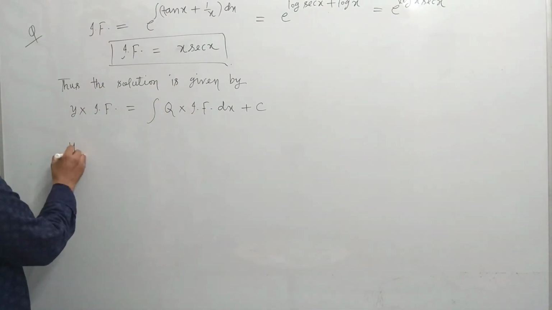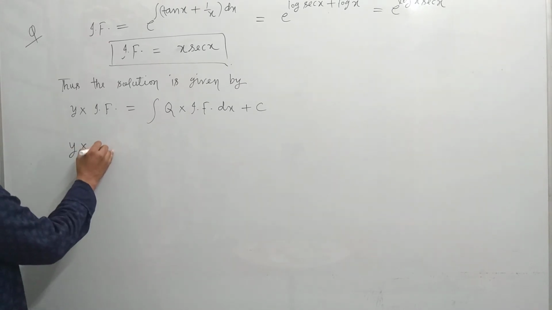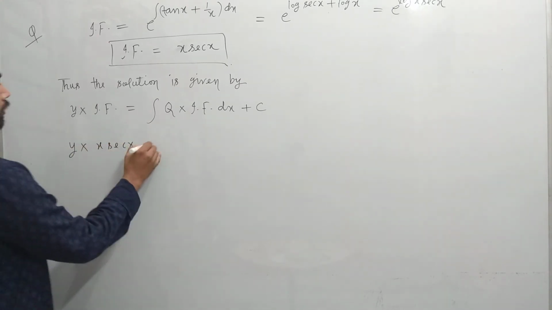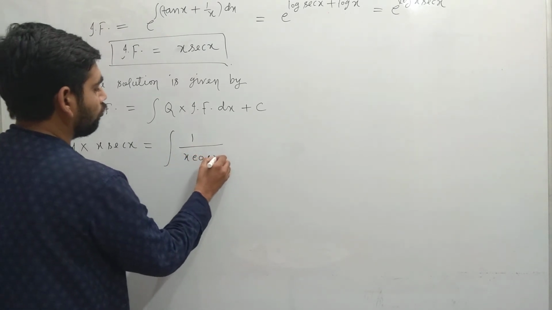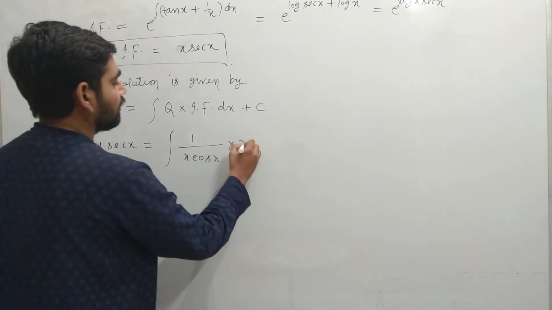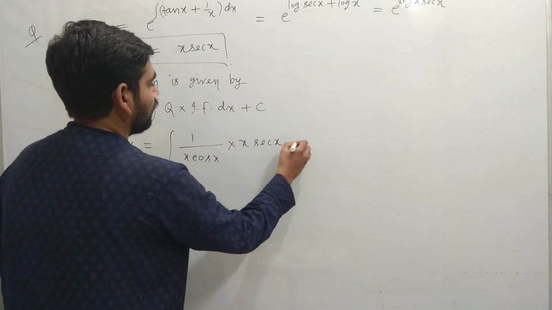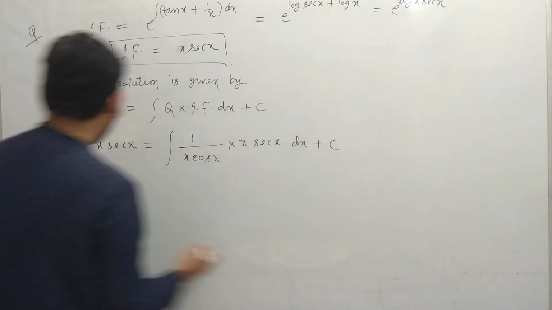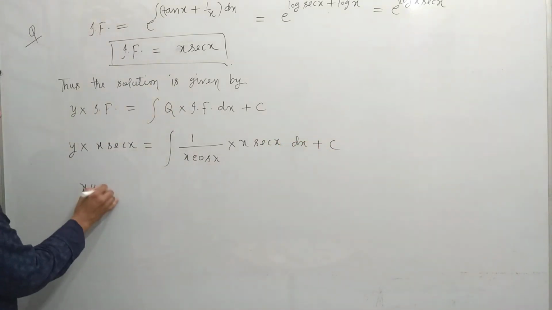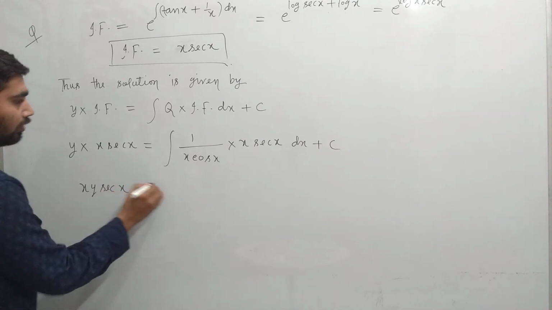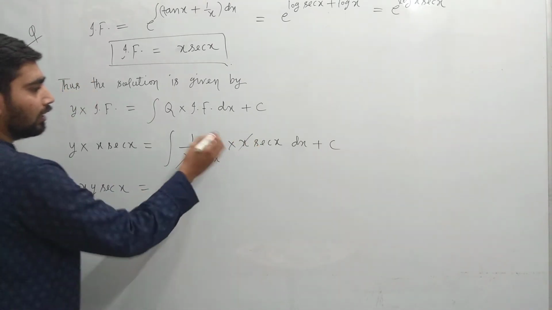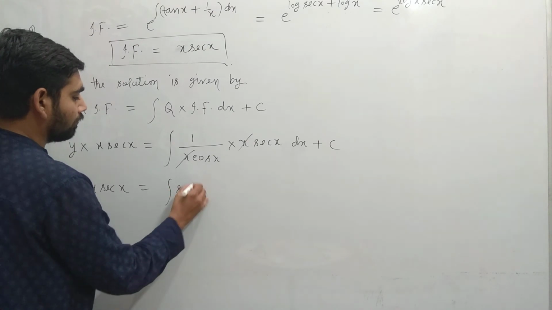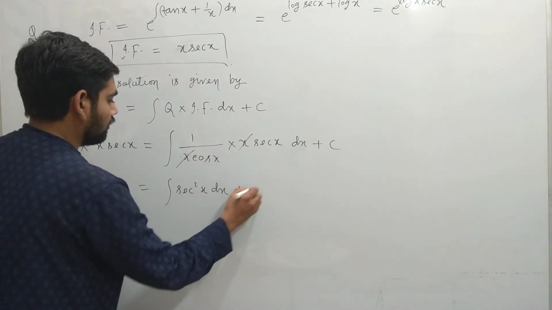Putting the values of integrating factor and q, integrating factor is x sec x, q was 1 upon x cos x, and integrating factor is x sec x dx plus c. So it will become x y sec x equals to, x and x will cancel each other, it will become sec square x dx plus c.